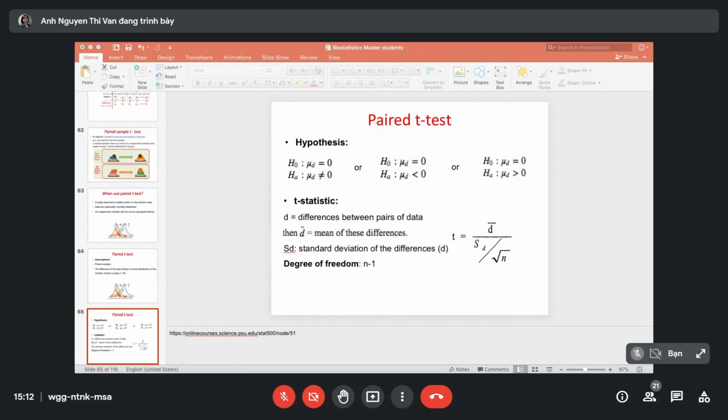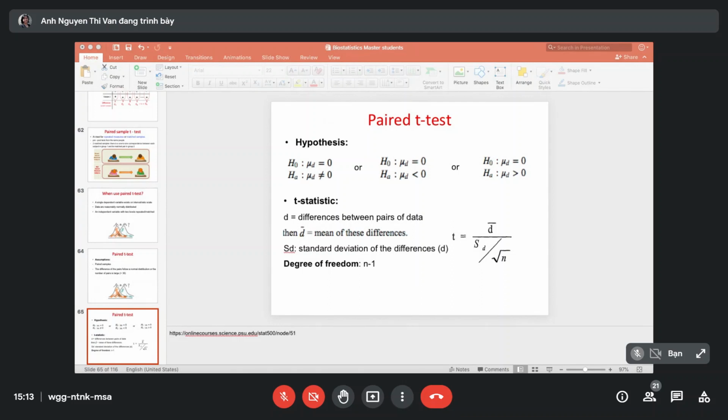Our conclusion is the difference between each pair is different. So interpret more. The difference between each pair is different from 0. What does it mean?